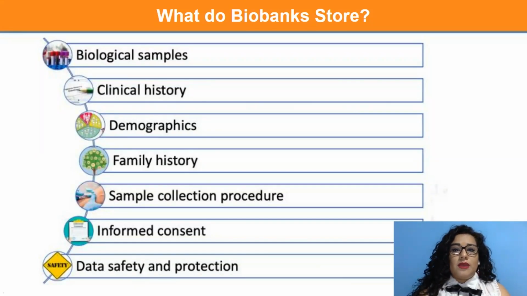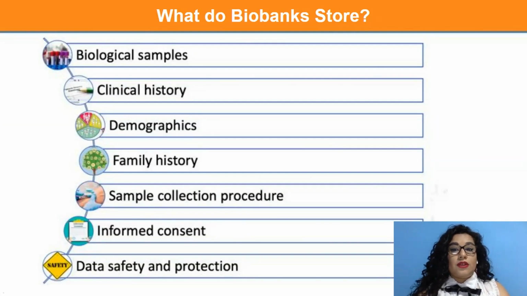This data could be clinical history, which gives us information about the patient and his lifestyle, also physical exams with the doctor, or results from laboratory studies. They also store demographics. These can include the gender, age, ethnicity, or geographic location of the patient or donor.